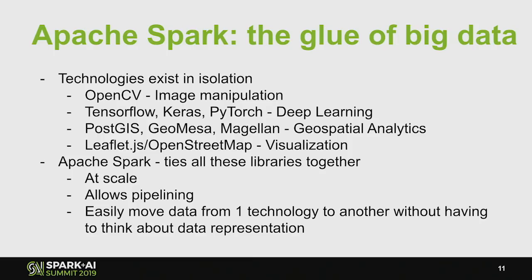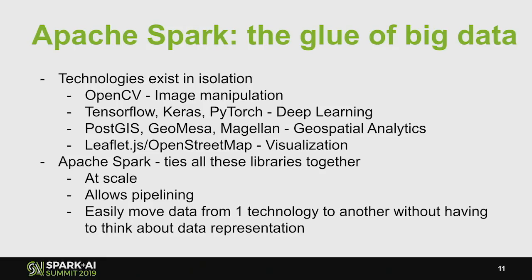And then for geospatial analytics, we have, say, PostGIS or GeoMesa. For this demo, we're using Magellan, which is a geospatial package based on Spark. And then for visualization, these are the two packages we're using for the demo. But as everyone knows here, there are several packages out there for visualization.